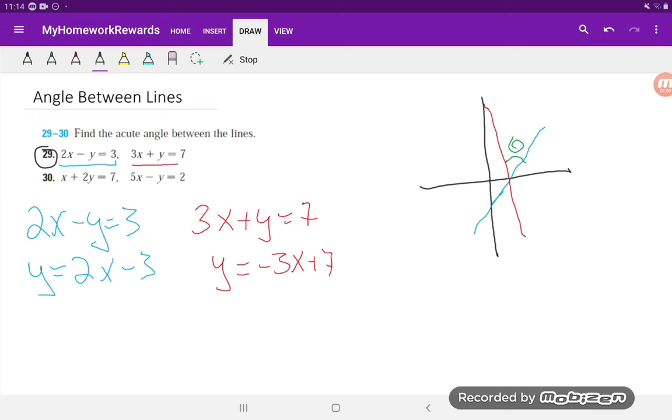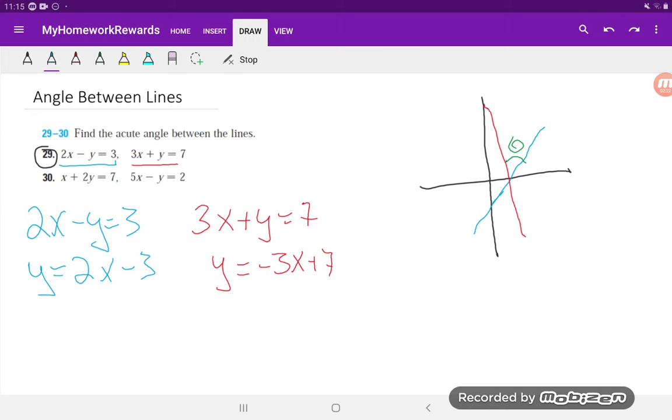So you might recall that we can use the dot product formula to find the angle between two vectors. But how do we get vectors out of these lines? Well, for that, we can think of a vector that moves in the same direction as the line. So for example, like this. And you can see that that vector is going to be the same or parallel to the slope of the line.